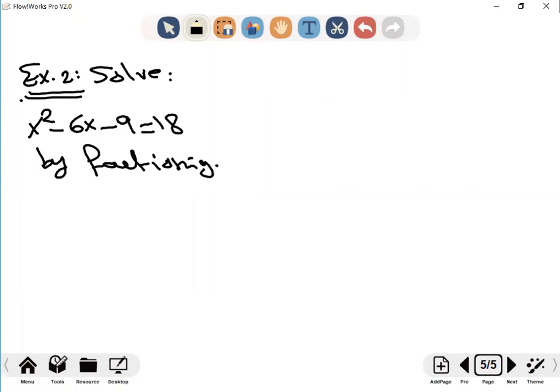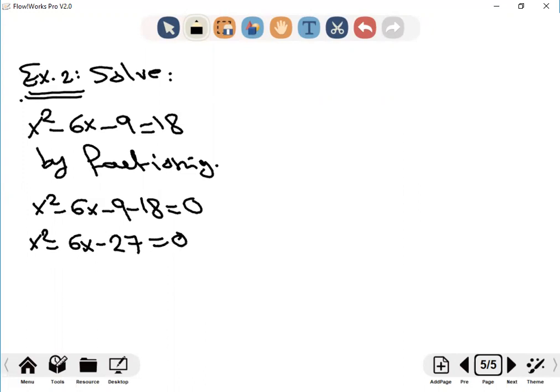Do we have a side equals 0? No. So this 18, I need to shift it here to make this side equal 0. So x power 2 minus 6x minus 9 minus 18. Any problem? Negative 9 and negative 18, combine them because they are like terms. So x power 2 minus 6x minus 27 equals 0.